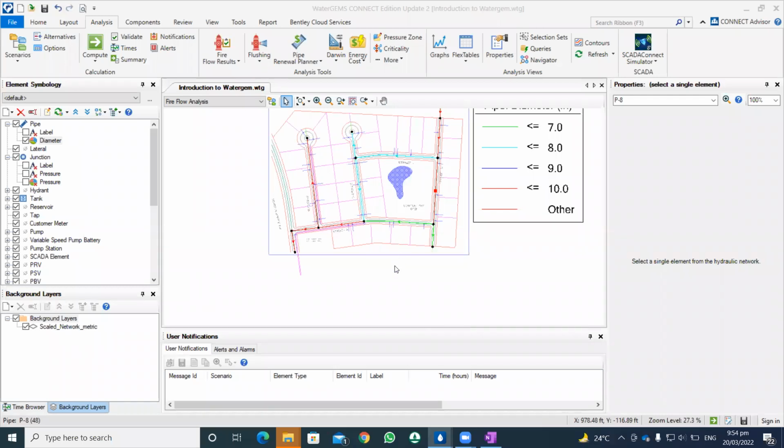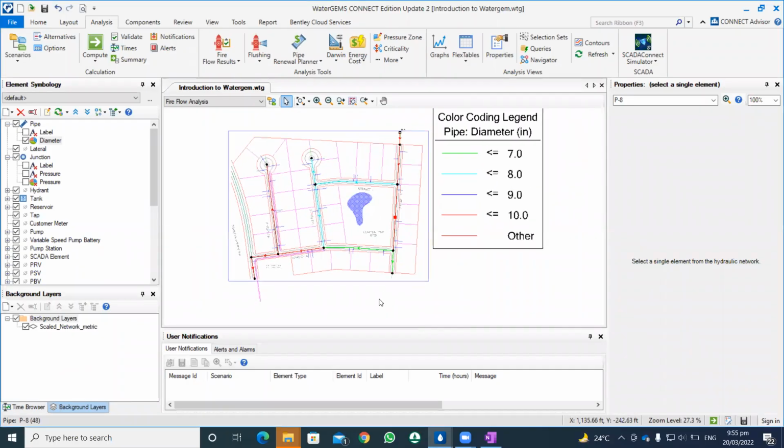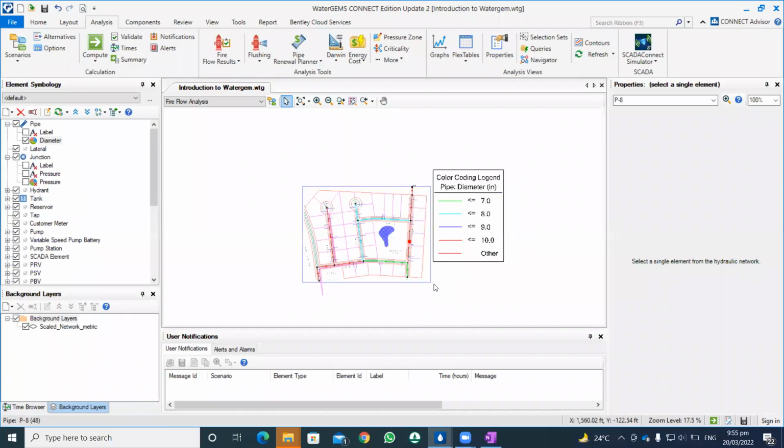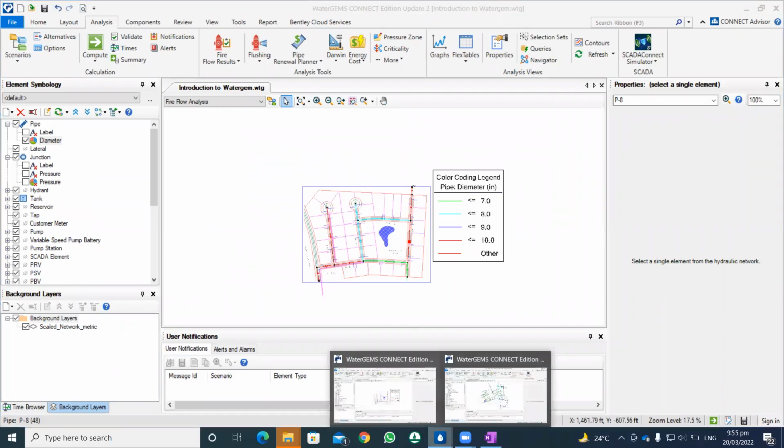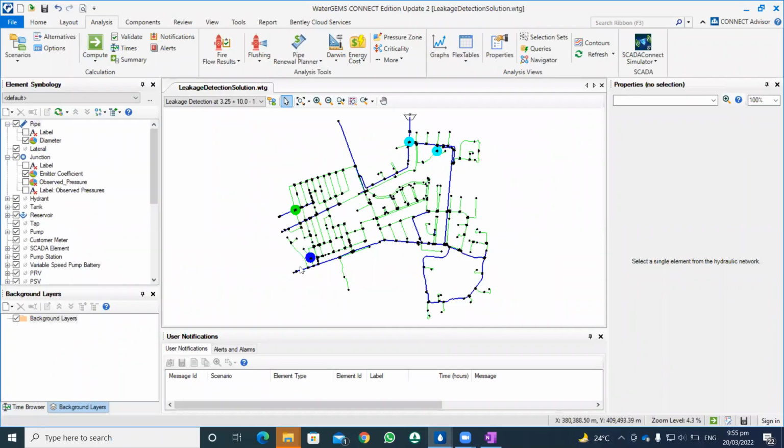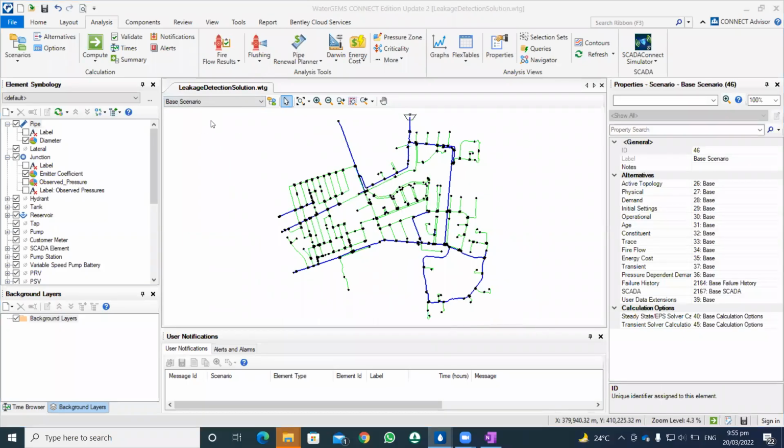So to show you how the Darwin Calibrator works, it requires some real-time or good field data in order to initiate it. I downloaded this water supply network from Bentley, and they have already defined the field data.